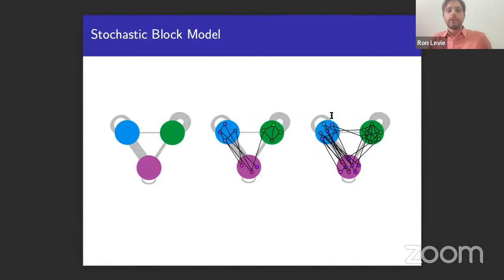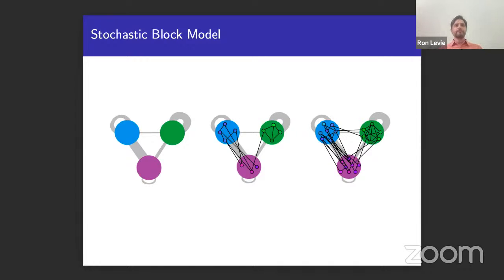Okay, so we are going to build a metric between graph signals that has the following interpretation. Two graph signals that look like they were sampled from the same stochastic block model are going to be close to each other. So what is a stochastic block model?